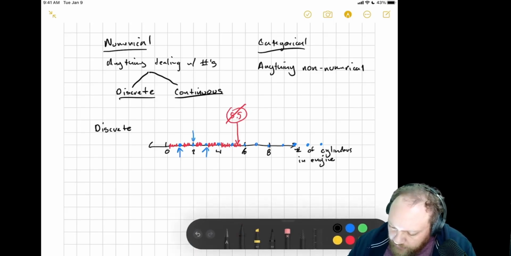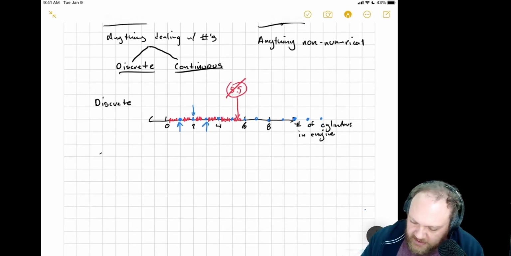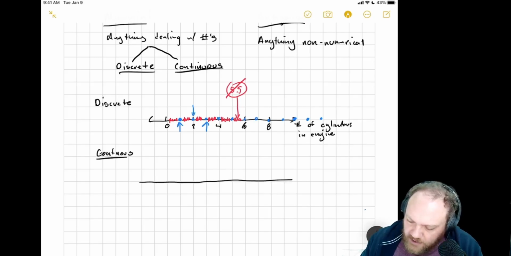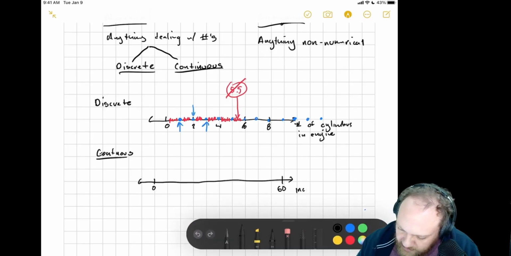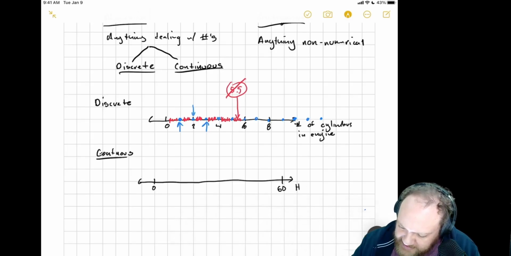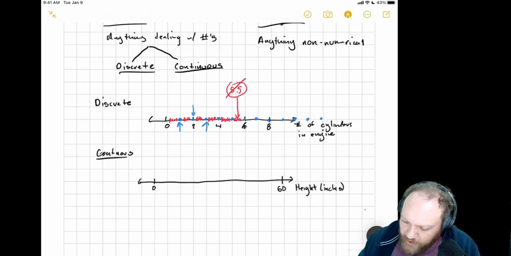Now, conversely, continuous data is exactly the opposite of that, right? So again, if I have some number line, and again, I'm going to start at 0, and this time I'm going to end at 60, and I'm going to say this is height measured in inches, right?